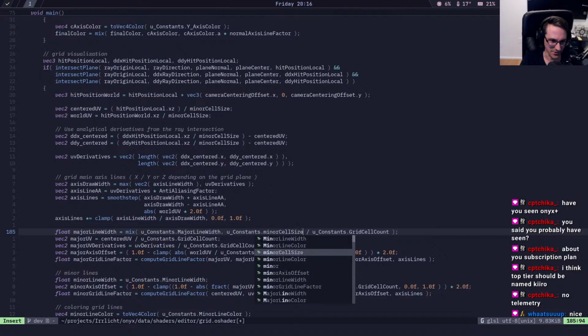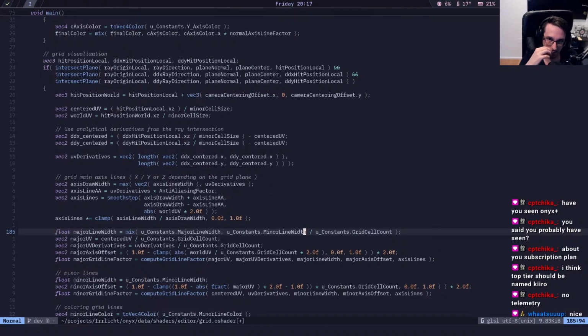We do a minor cell width here. A minor line width. Because a major cell, when it scales down, basically becomes a minor line, right? And if a major cell scales up, it always scales up to a major line. That's the thinking here, and then here again, blend factor.